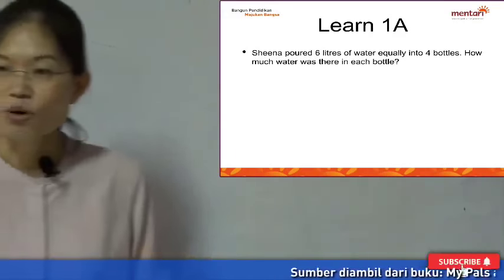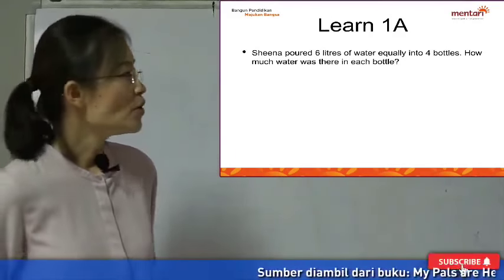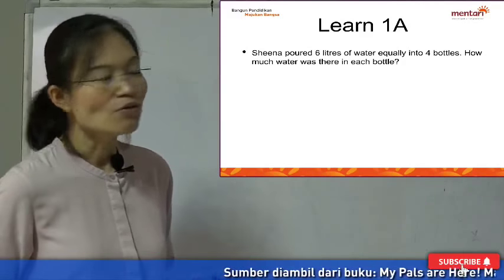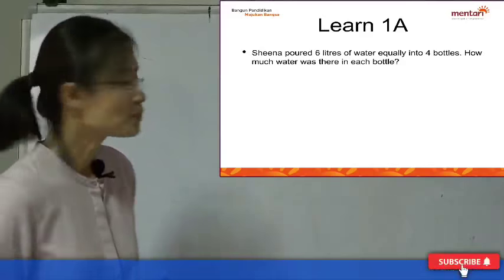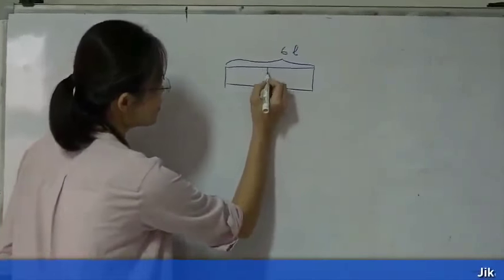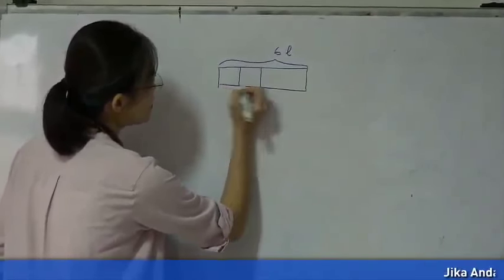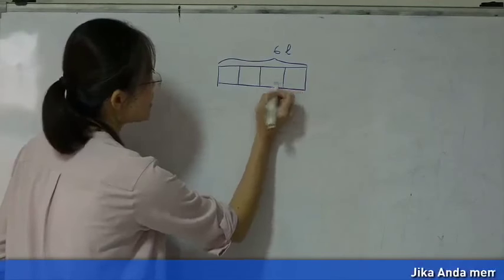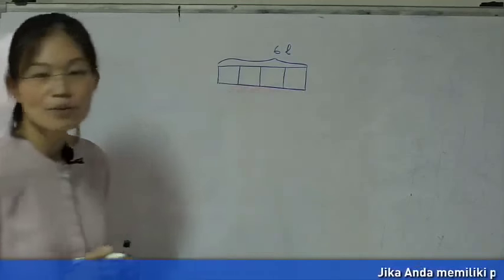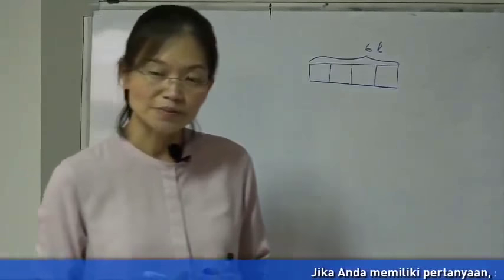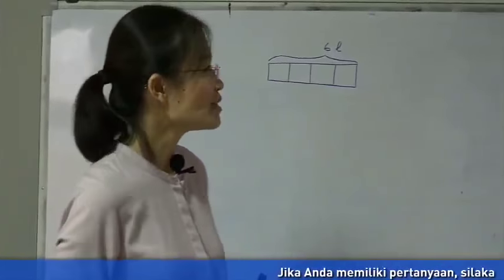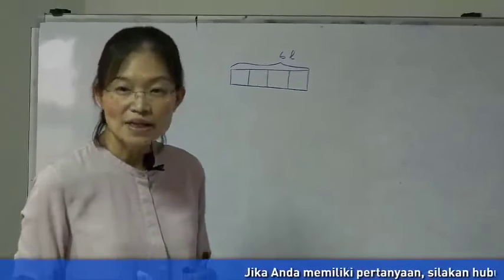Now, how do we draw to show that 6 liters of water is poured equally into 4 bottles? This is what we are going to do. We're going to divide this rectangle into 4 equal parts, showing 4 bottles. Now the question is how much water was there in each bottle?